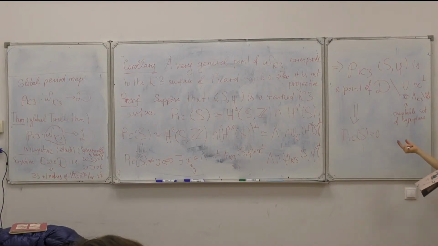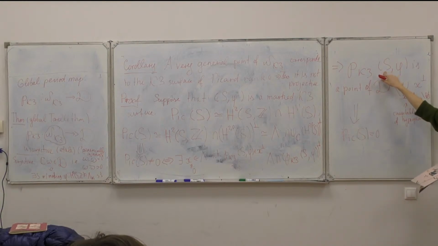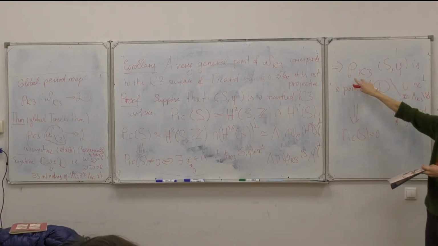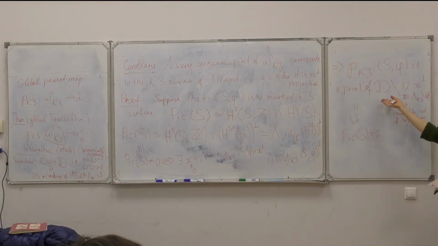So what do we use here? First of all, we use that the global period map is surjective. If we throw out this countable set of hyperplanes, we will obtain something open, and we know that for all points on this open set there exists a K3 surface with the property that the image of the corresponding global period map is this point, right?